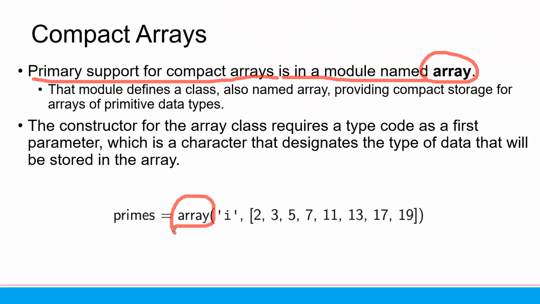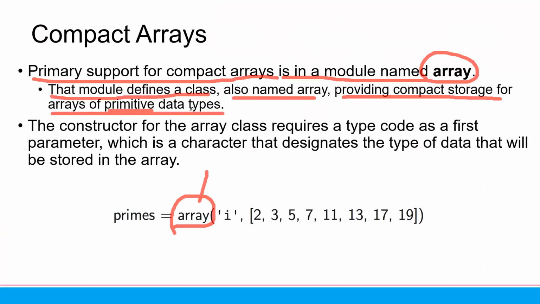When you do data analysis, or when you try to develop some algorithms with deep learning, you may use this kind of array. So that module defines a class, also named array, providing compact storage for arrays of primitive data types.